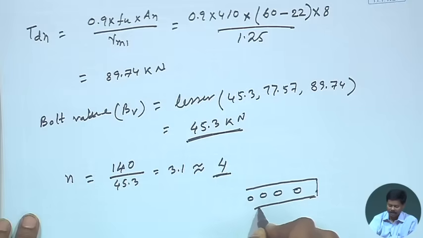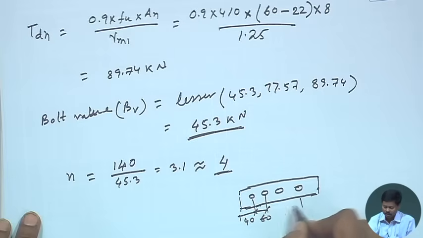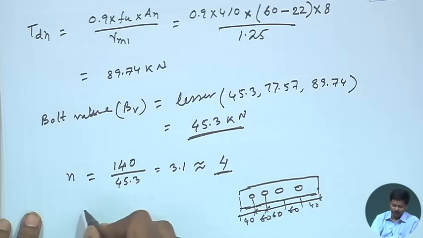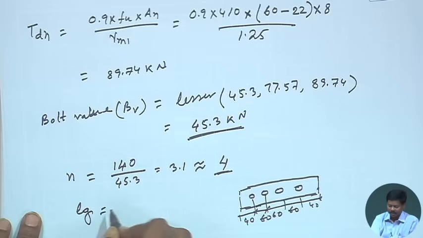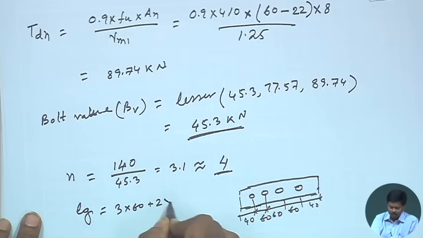So, the total length required for the gusset plate will be, this is 60 and this is 40, right, this is 60 and 40. So, the length of gusset plate, LG, if I write, will be 3 into 60 plus 2 into 40.